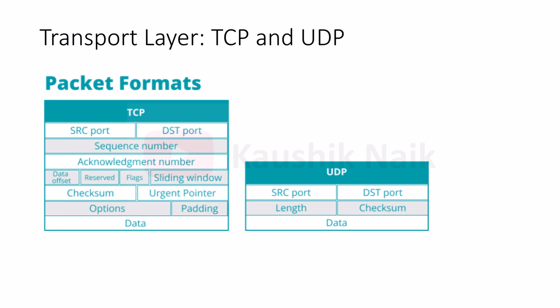This is how a TCP and a UDP frame format looks like. You can see that there are a lot of parameters in TCP and very minimal in UDP. I just wanted to show how it looks, so I will not go through the frame format in detail in this video.